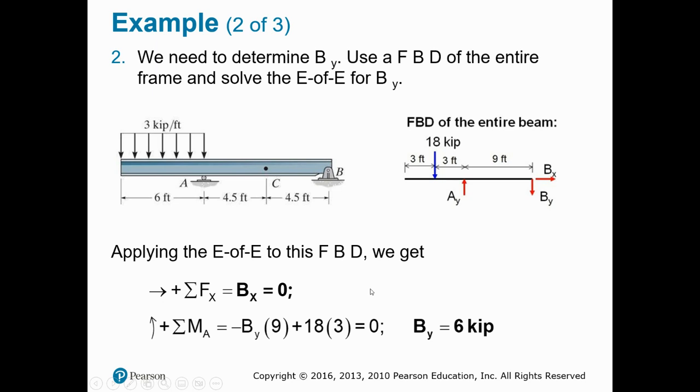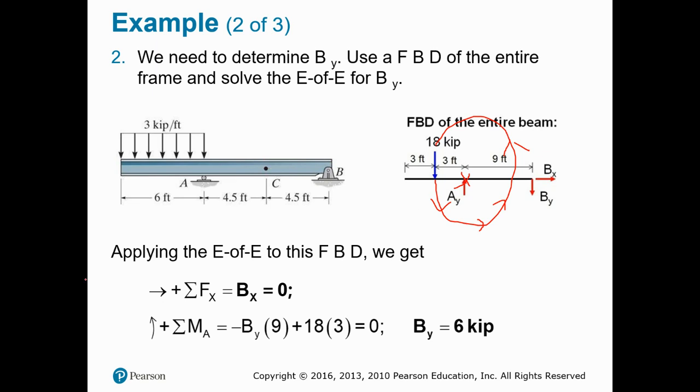And then vertically, we're going to do a summation of moment about point A. A is an unknown, so we take the summation of moment about point A. Since Bx equals 0, we can solve for the value of By. Keep in mind that whenever we do this, counterclockwise we define as negative. So apparently we're doing a summation of moment about this point right here. That 18 kip is trying to rotate the beam in this direction, which is counterclockwise.